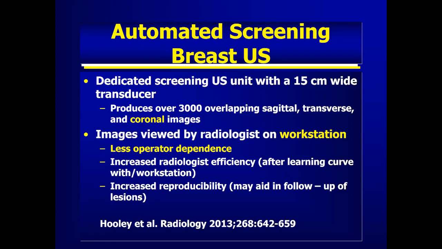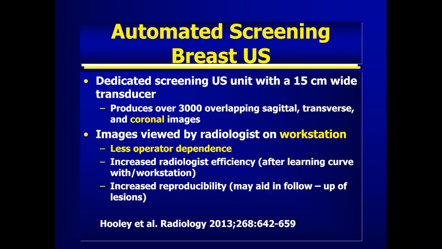So when we're doing automated screening breast ultrasound, there are units that are automated with big probes, for example, with a 15 cm transducer. These type of automated units can produce over 3,000 overlapping images in the sagittal, transverse, and including the coronal view, which can be a helpful view.